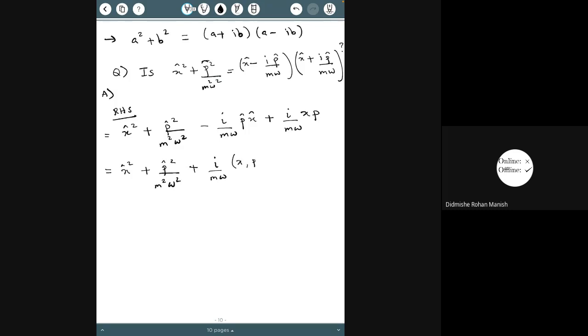I can just write it as a commutator. You are all comfortable now with commutators. So the xp commutator.